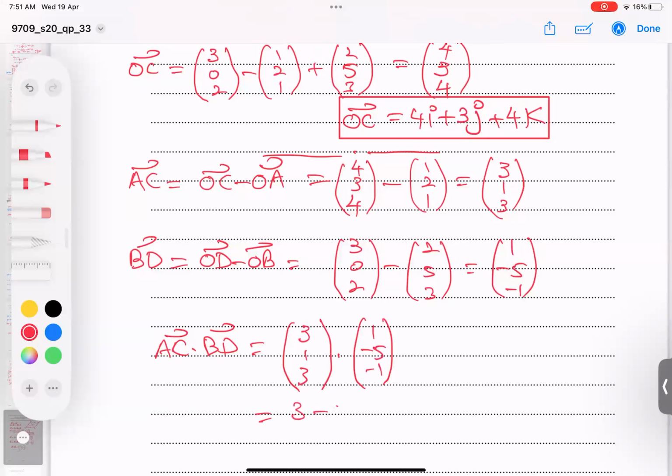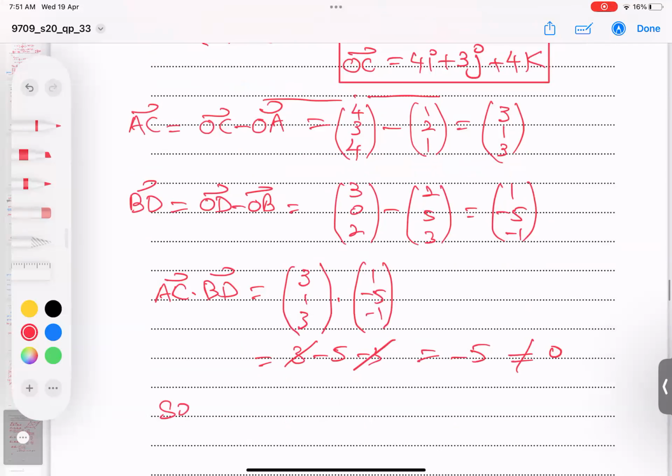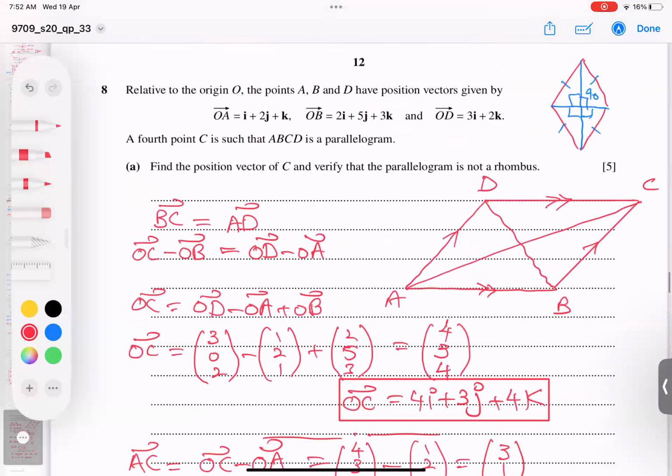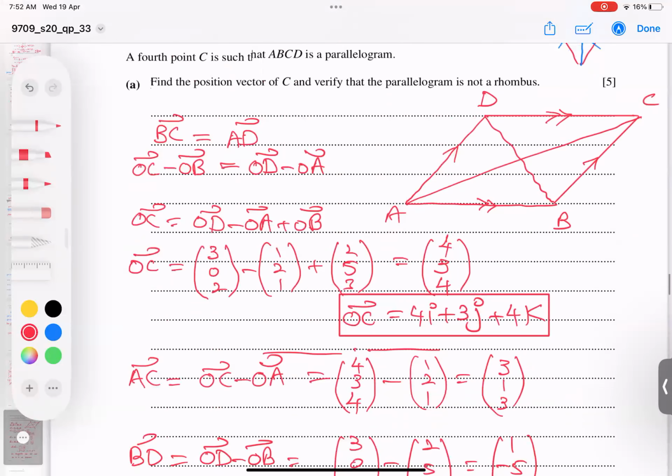I got 3 minus 5 minus 3. I get negative 5, which is not equal to 0. So it means the diagonals are not perpendicular. So it is not a rhombus. Okay, I hope you got the idea clear.